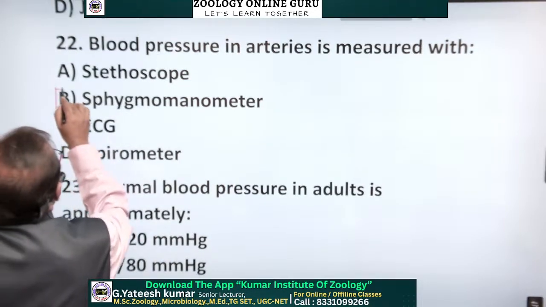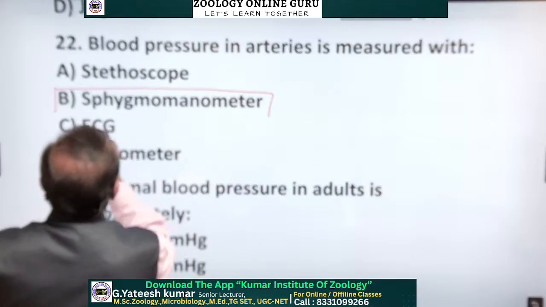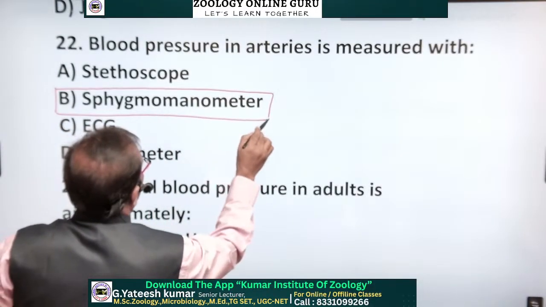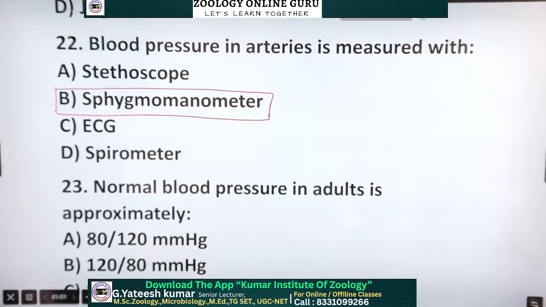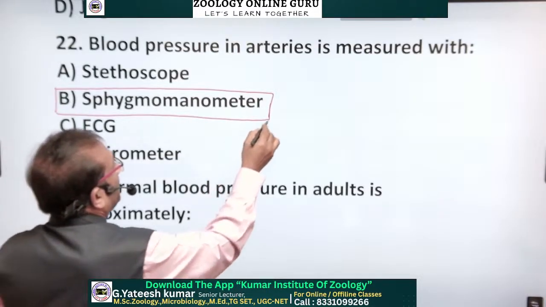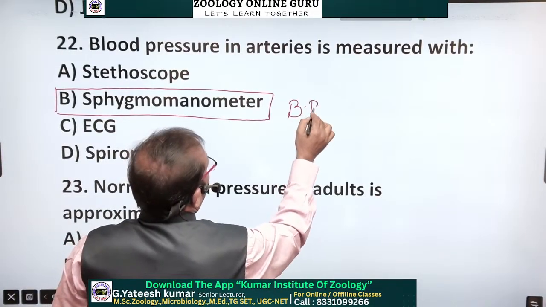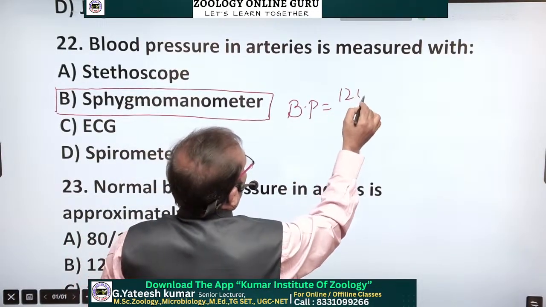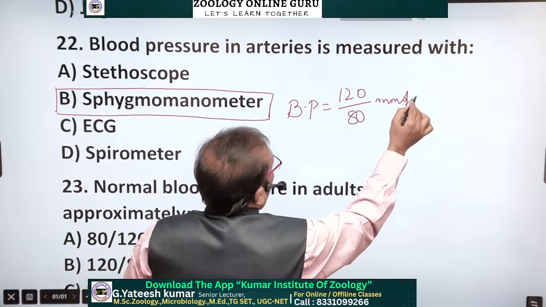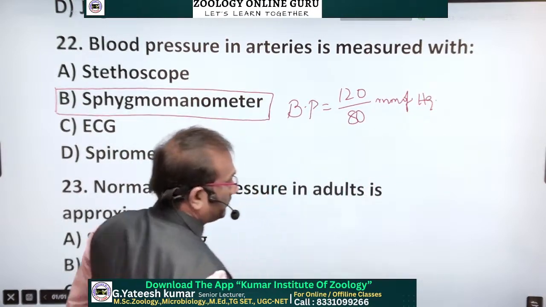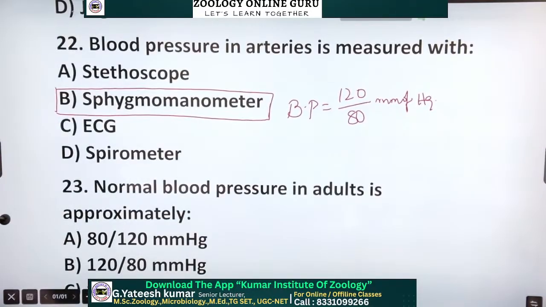It's a very easy, direct question. We are discussing the questions from simple to complex. Blood pressure in the arteries is measured by the sphygmomanometer. The normal blood pressure is 120/80 mm of mercury.